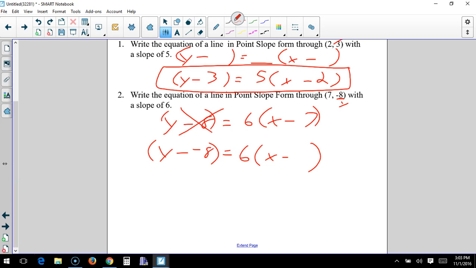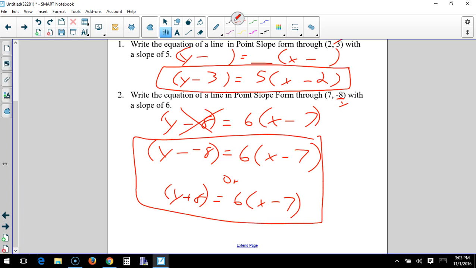Oh, you see the difference? It's not y minus 8. It's y minus negative 8. That makes a difference. You can actually leave it like this. Or you can write it as y plus 8 equals 6 times x minus 7. Either one of those is absolutely fine. But this is why I suggest, because of that double negative, why I suggest you start by filling in, putting out a skeleton and then dropping in your numbers.